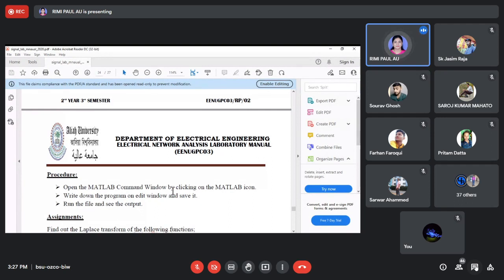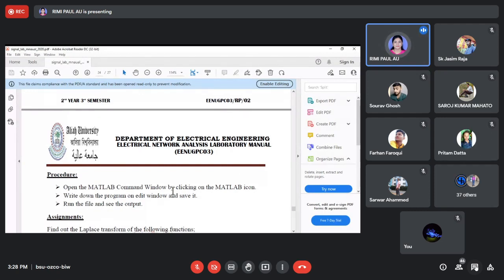If the university opens after 16th November, within that week, there will be two groups: the first group on 17 November and the second group on 19 November. You have to submit the hard copy for this experiment 5. And next week also the same thing.